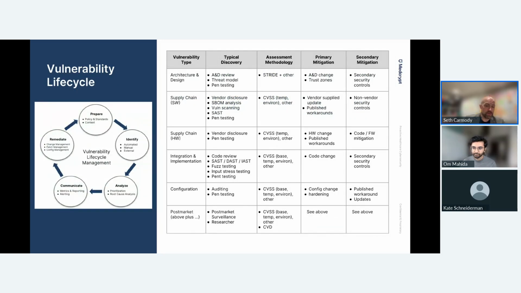Which is part of why this webinar is to describe what we call the attack surface or problem set, however you want to say it. When we look at the totality of secure product development frameworks and what it's supposed to do, it's really an exercise in lifecycle management, right? A vulnerability can have many sources, and it has to be discovered, assessed, managed and mitigated.